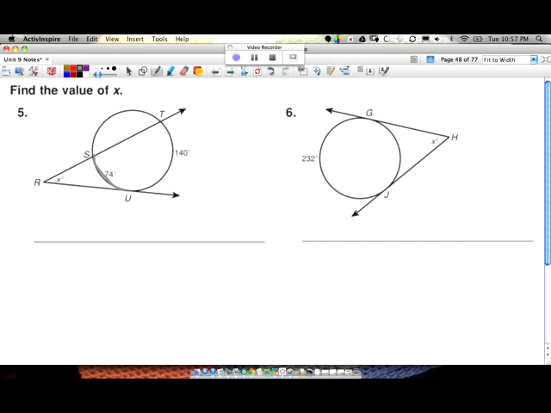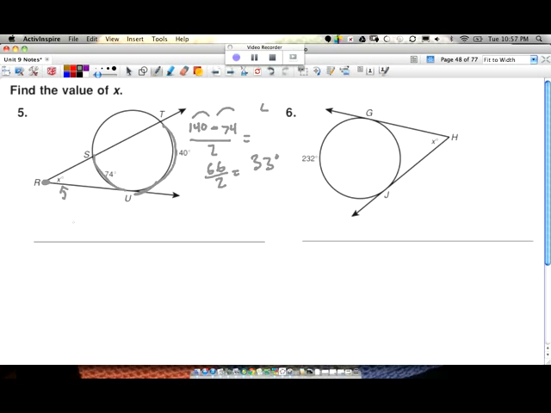So again, I still have that arc-angle relationship, but this time I'm going to subtract because we are outside. The 2 arcs this time are going to be 140 is the big one, and 74 is the little one. We're going to divide that by 2 to get the angle. 140 minus 74 is going to be 66. We divide that by 2, we get 33 degrees. So that measure right there is 33 degrees.